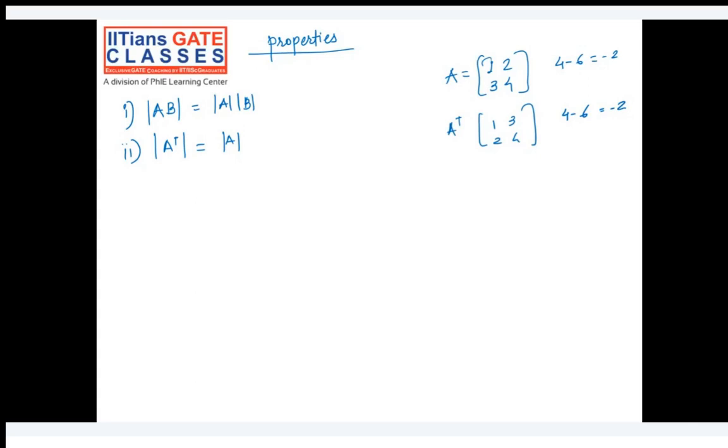So ultimately your multiplication is going to remain the same, and hence your determinant is the same. Okay, is it clear?